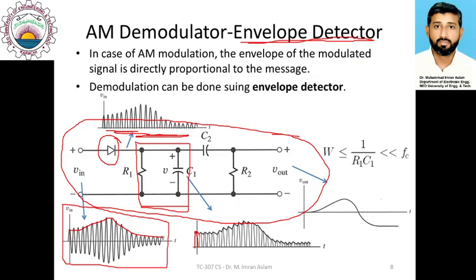So before the capacitor is discharged, the second cycle appears, so it will again recharge the capacitor. Eventually when it goes back to the zero side, the capacitor would start discharging, but before complete discharging, the new cycle would appear. So again the capacitor would discharge, so you would see this thick line at the output.